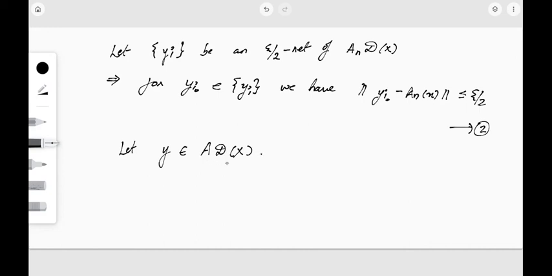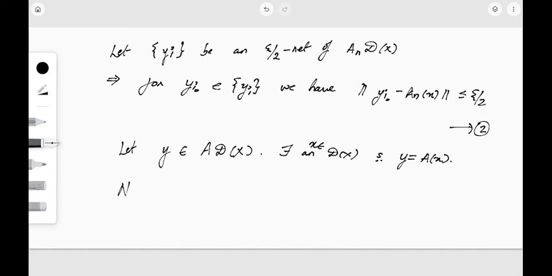By definition of A, we can find an element in d of x. There exists an x element of d of x such that y is equal to A of x. Okay, that is, y is the image of x, right? So this is by definition. Instead of choosing y, I'm choosing an element y in A d of x, and I can write y as y is equal to A of x.